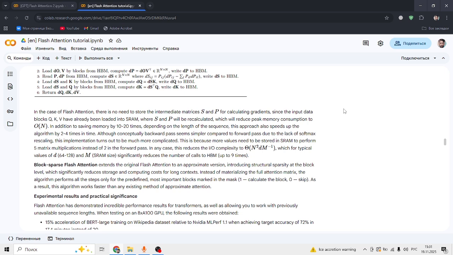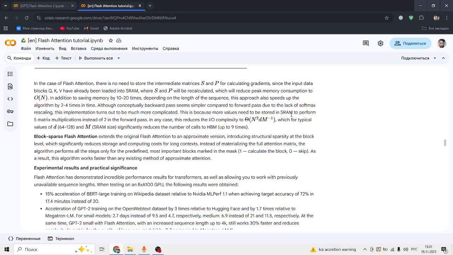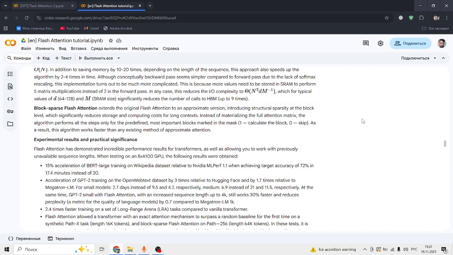And in general, we also can extend this idea to block sparse attention. The idea is that we use structural sparsity at the block level, which significantly reduces storage and computing costs for long context. So what does it mean? It means that we don't materialize the full matrix.